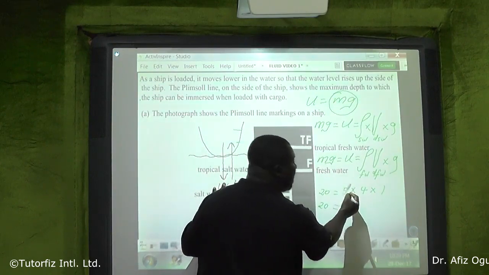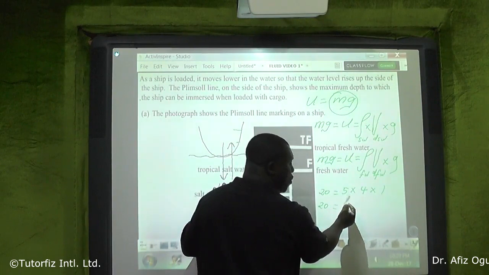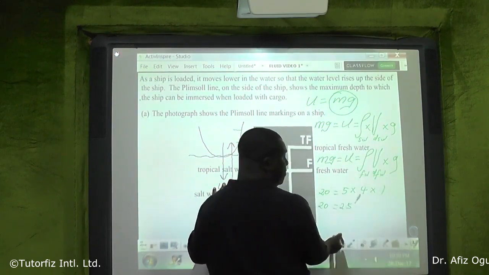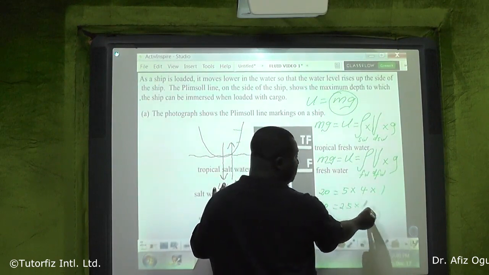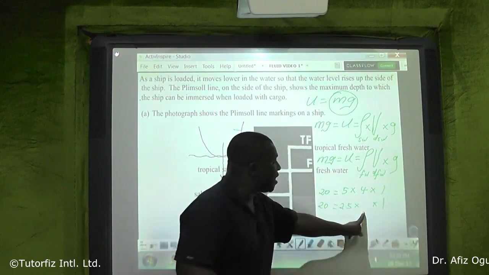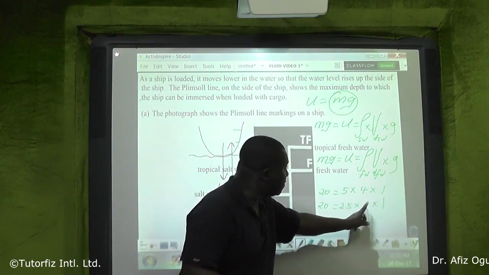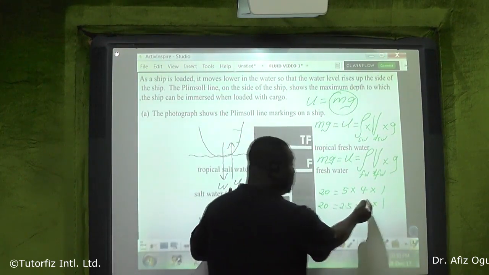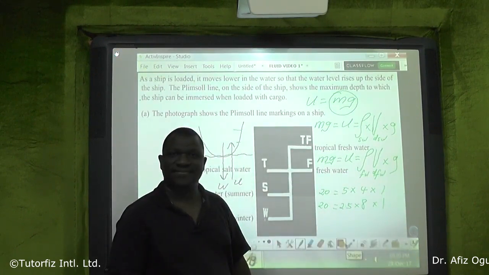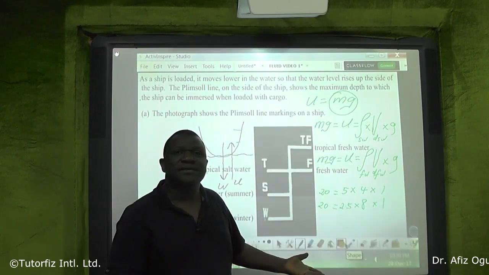So 5 has changed. 5 has become 2.5. The density has changed, maybe it becomes half. Times this one, which must be 1 because it's constant. Something must happen here for me to get 20. This has to be increased. It has to be 8. Just like that.